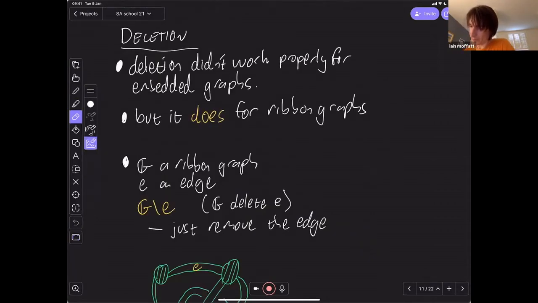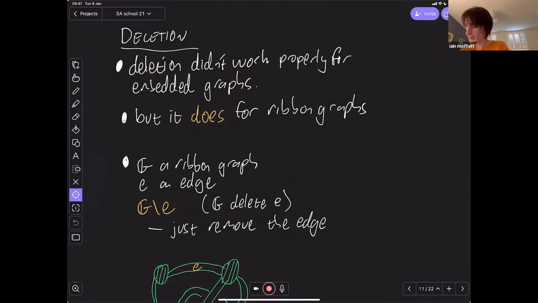So the advantage of ribbon graphs is that, well, when things went wrong for graphs embedded in surfaces, they start going right when you're working with ribbon graphs. And deletion didn't work properly when you're working with embedded graphs, but it's no problem at all with the ribbon graph.